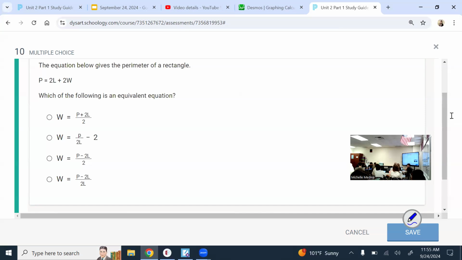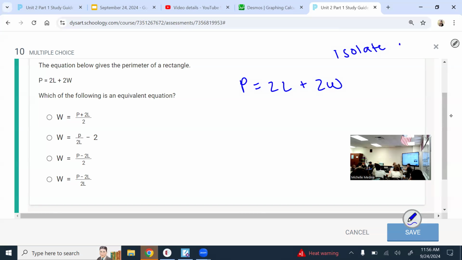So what we need to do is isolate W. The steps for doing that are the same as any other solving. The only problem is that we're not going to get W equals a certain number. We're going to get W equals an expression. It's more than one variable. So still the same premise as before when there were all numbers.